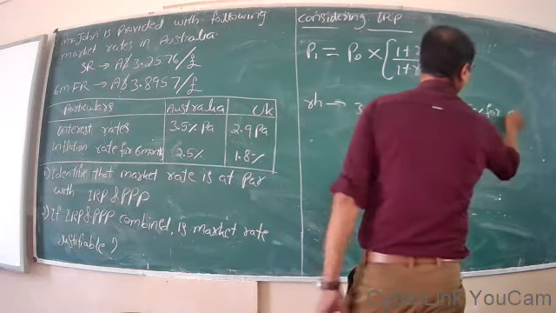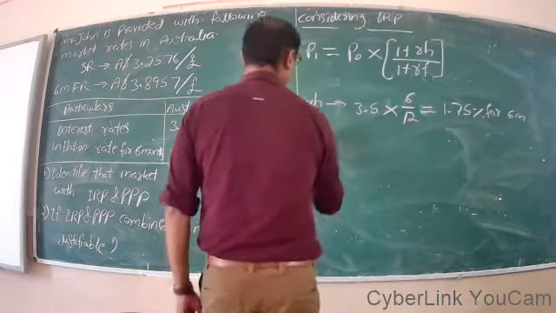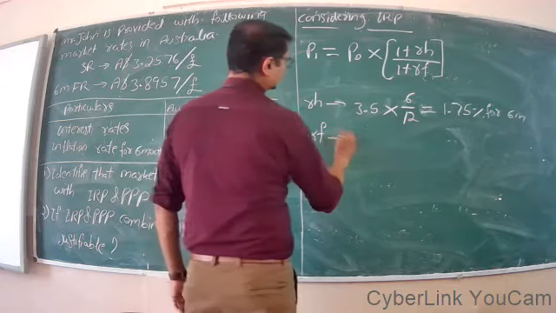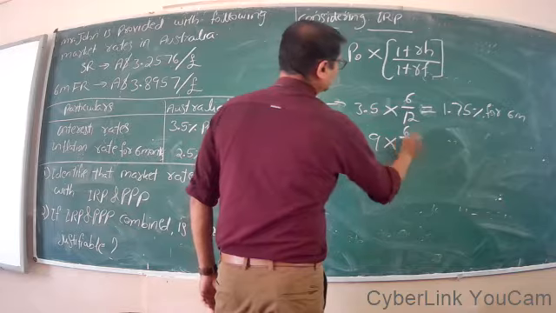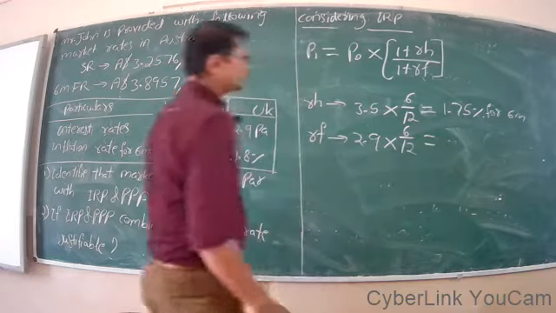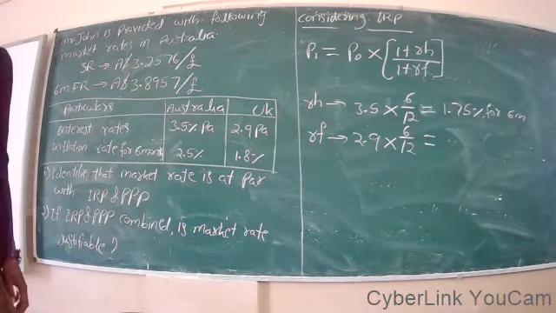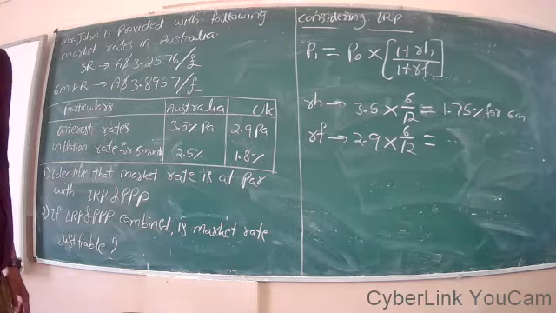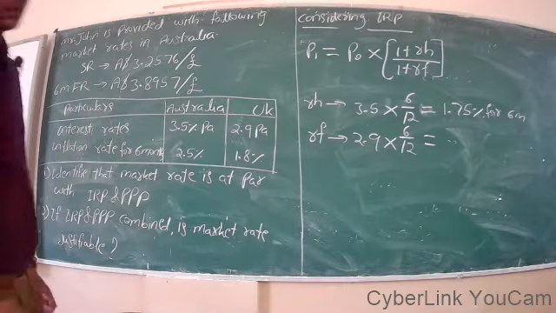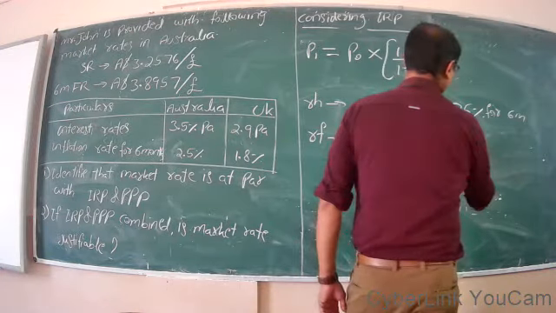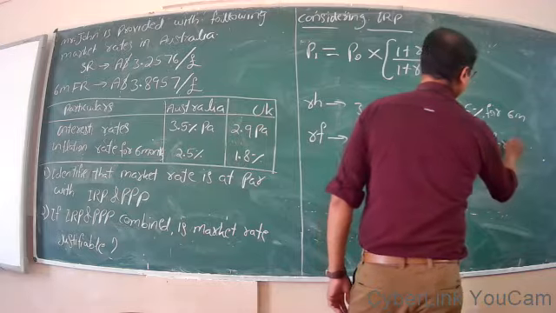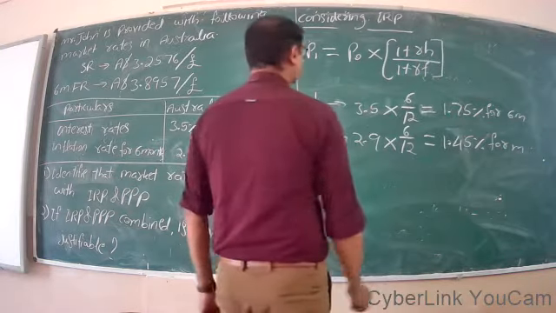This interest is for 6 months. So RF is given 2.9 per annum, so for 6 months it is 1.45%. Fine?